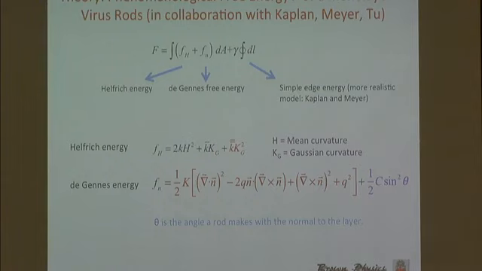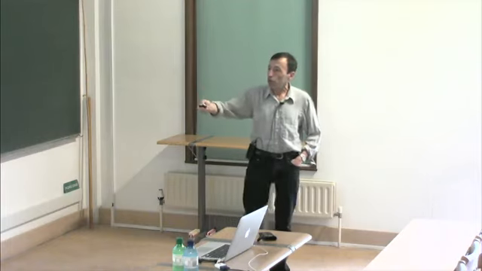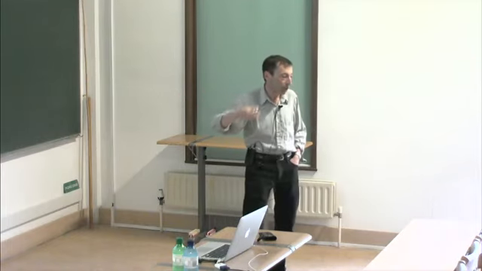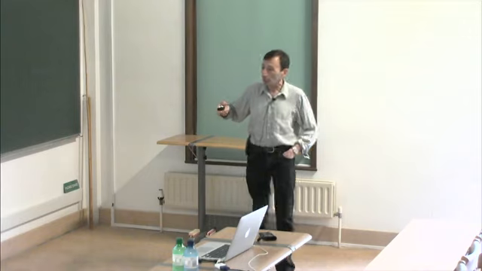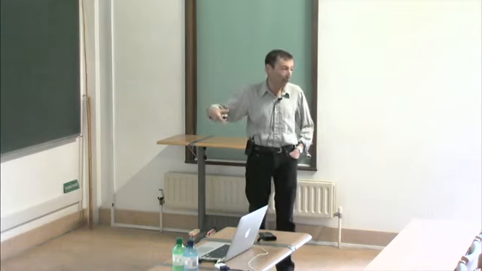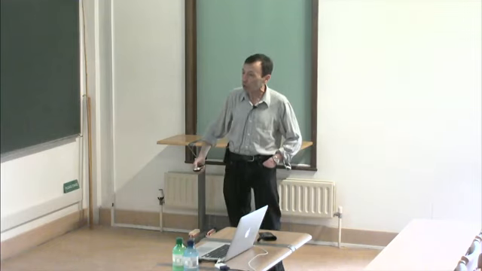But a ribbon has negative Gaussian curvature, so this middle term in the Helfrich energy will be negative in the ribbon state, and therefore we need a higher order term just to stabilize the energy.